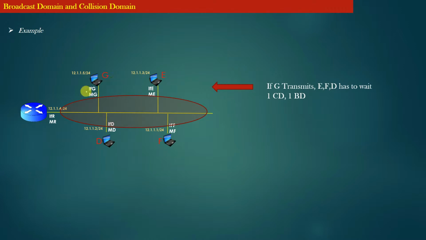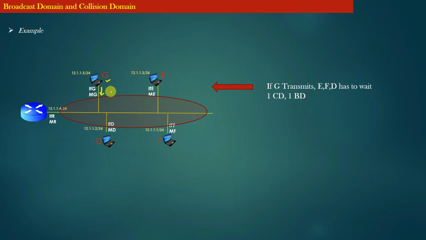Now you can see in this topology, all the machines, that is all the host machines and the L3 router, are connected to the same physical wire. It means that, for example, if machine G places a frame on the wire, then the electrical signals placed by machine G on this physical wire are going to be detected by all other machines present on the same physical wire.